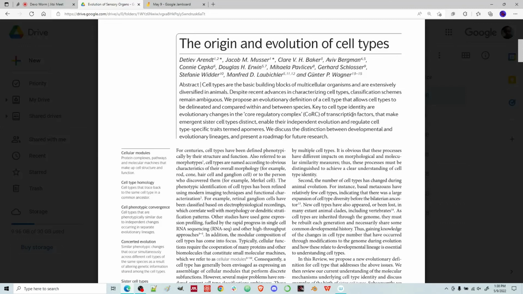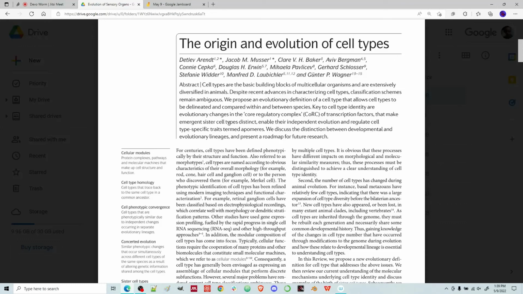This is something you see in many cell types, where they have this core of transcription factors that are upregulated or downregulated, and that determines the fate of the cell, whether it changes cell type or not. And so in looking at those transcription factors, maybe their expression, maybe their genotype, you can tell if it's a different type of cell.